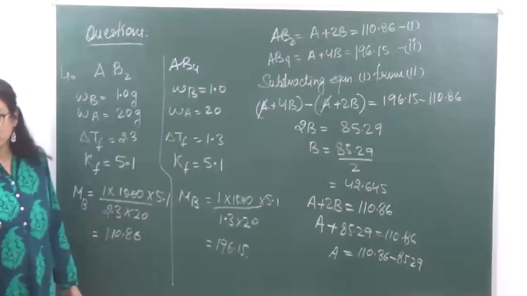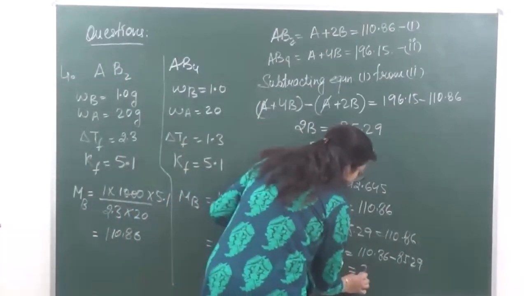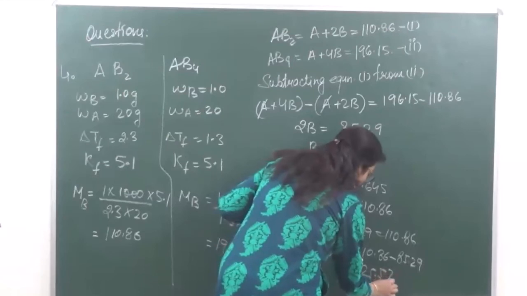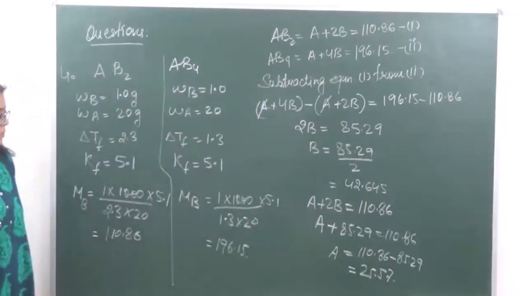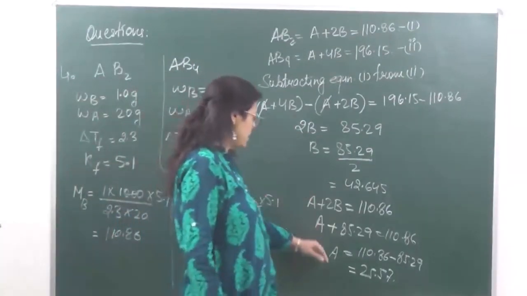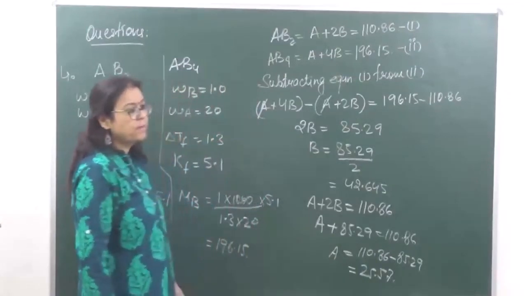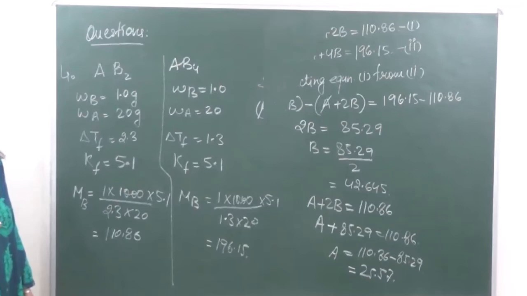When calculated, this comes to 25.57. Got it? So we have both now. We have the atomic mass of A and the atomic mass of B. So this is a question which can come in your competitions.